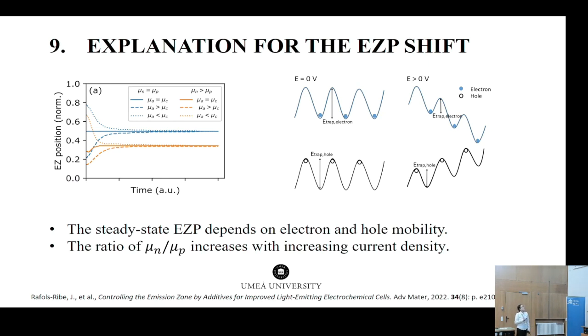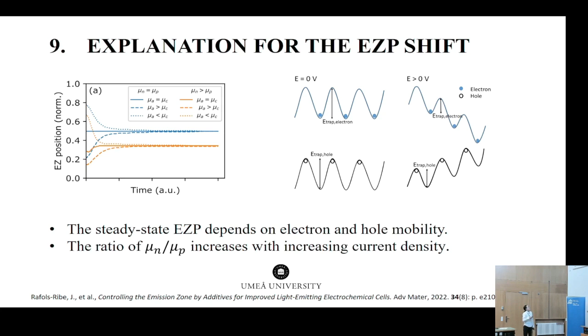After the results, we want to understand why there is this emission zone shift with different driving current. For the steady state emission zone position, in these figures, we can see that if the electron and the hole mobility are the same, then the steady state emission zone position will sit in the middle of the emission zone.